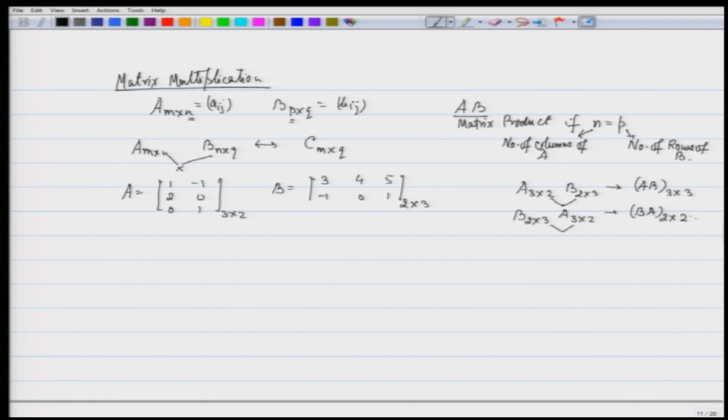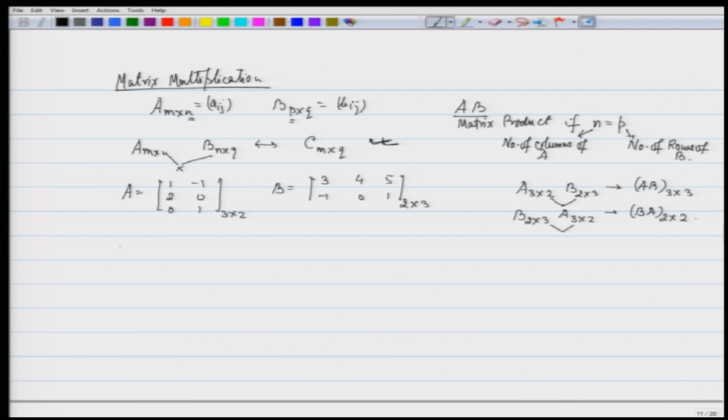So, in general, A is m cross n, B is n cross q, then A times B is defined and it is a matrix of size m cross q. But when I want to define B times A, B has q columns, but A does not have q rows, so that is not defined. So, matrix product has issues, but in this example everything is nice. Let us take an example and try to understand it.